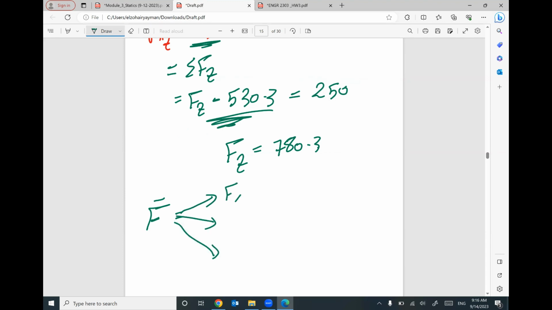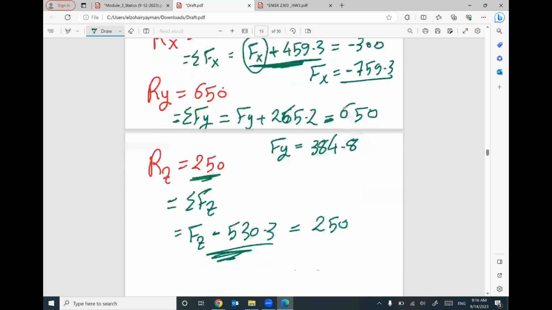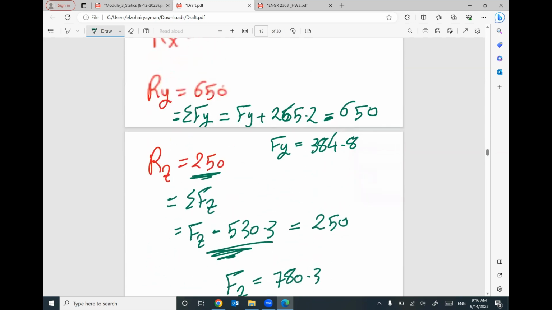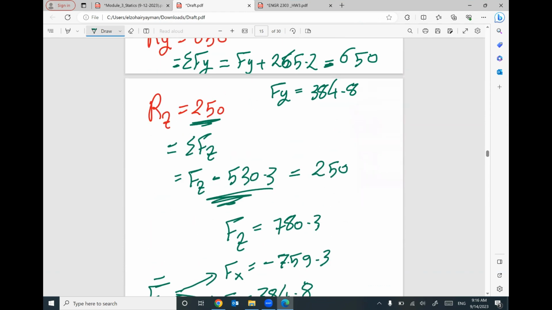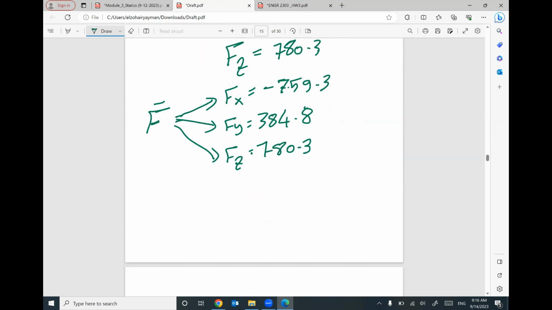So the missing force F, I figured out the three components of this force: Fx, Fy, Fz. Fx equals negative 759.3. The y component equals 384.8, I think. The z component equals 780.3.